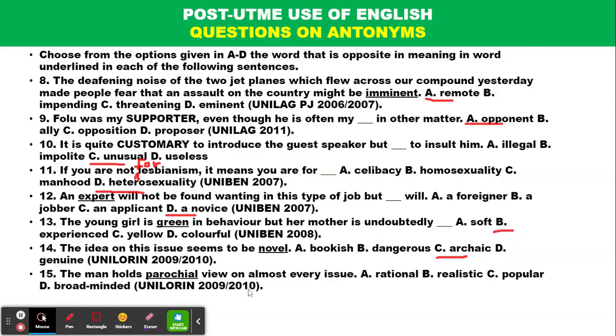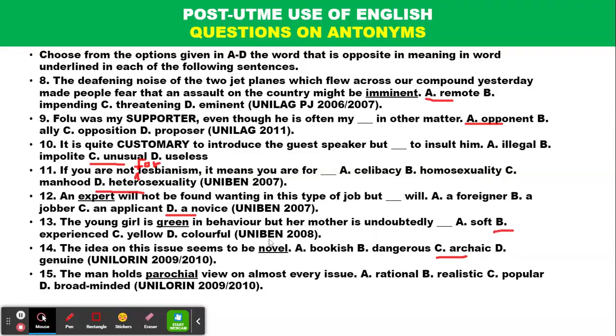Then question 15, which is the last but not the least. Well, let me again say that question number 14 is taken from Uni Ilorin. I should also mention that UniBen that I earlier mentioned is the University of Benin. Uni Ilorin is the University of Ilorin, which is the capital of Kwara State.